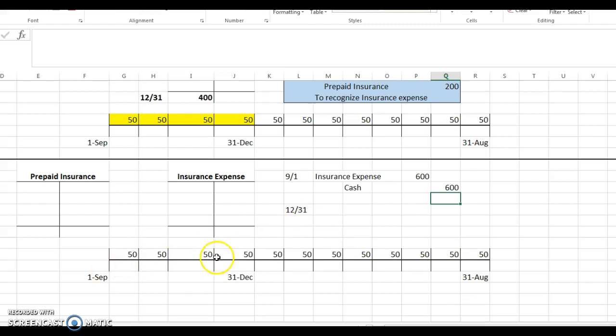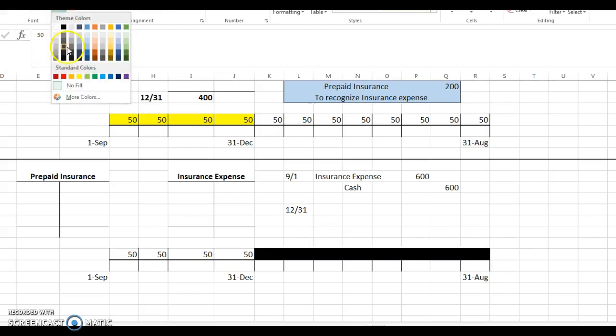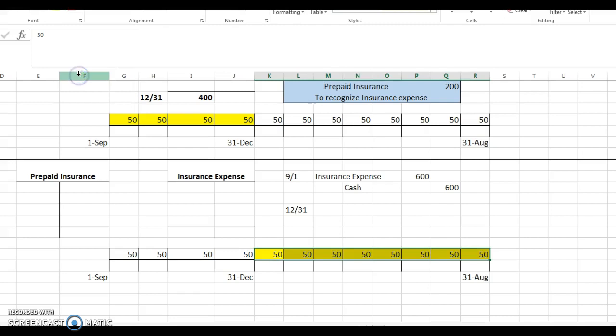So now if I'm saying this entire year represents insurance coverage worth $600, and we paid that at September 1st, and we know 4 months have passed, then we're saying these are the months: January, February, March, April, May, June, July, and August.